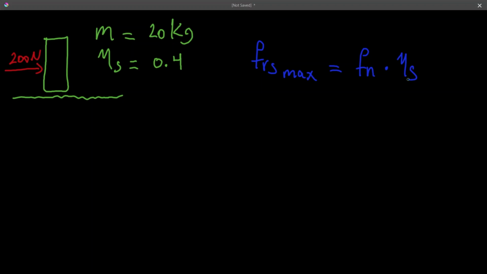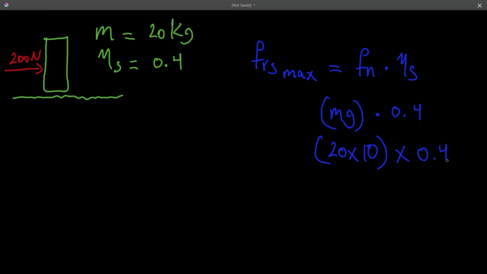I know that mu s is 0.4, and the normal force on this object will just be equivalent to the force of gravity on it, which would just be mg, right? It's its mass times gravity, and we know its mass is 20. And for the sake of ease of calculations, we'll take gravity as 10, and we'll multiply this by 0.4.